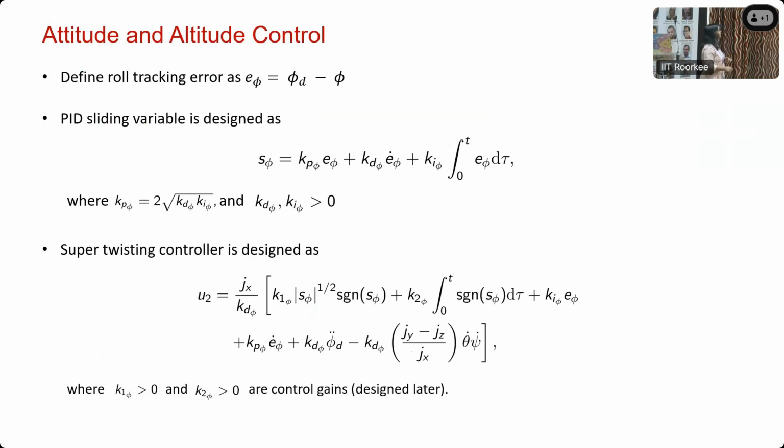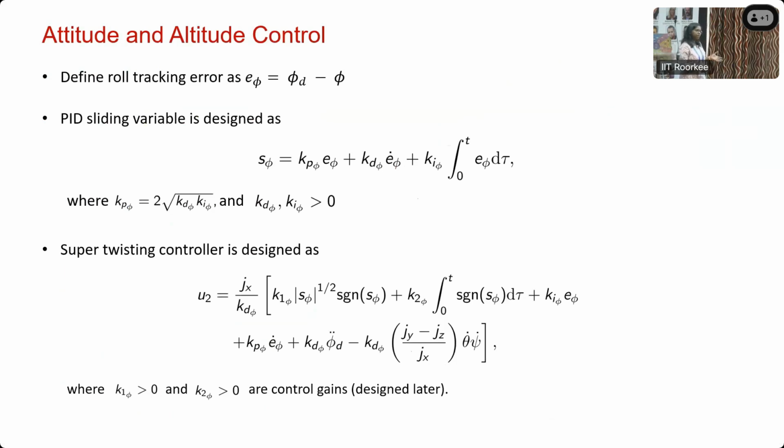Using this sliding variable, we can come up with this control input, which, when you substitute in the dynamics of the sliding variable, results in the super twisting structure. First we have defined the error, then this is the sliding variable, and then this is the proposed control law. Now if we use this proposed control law in the dynamics of the sliding variable, you will achieve these two first order differential equations.